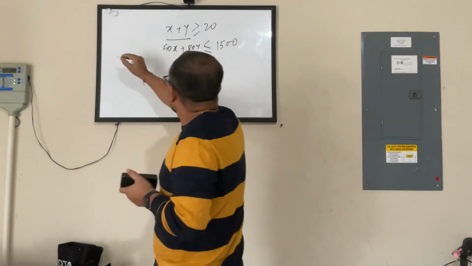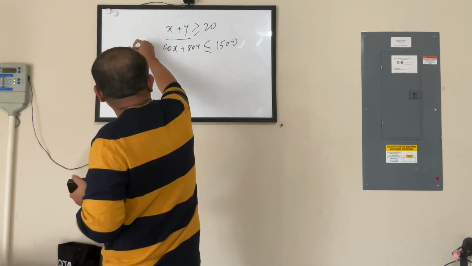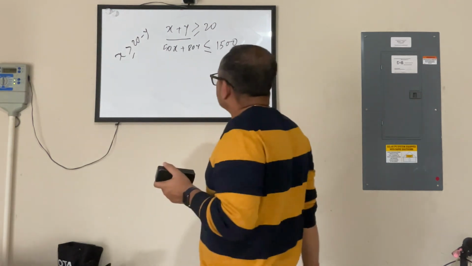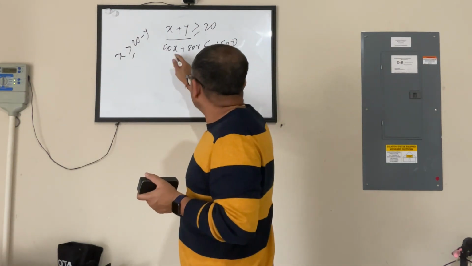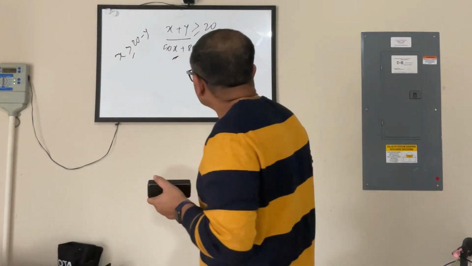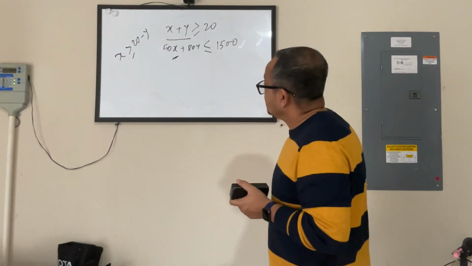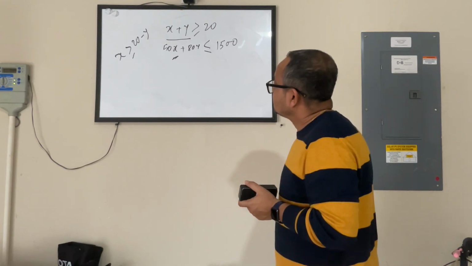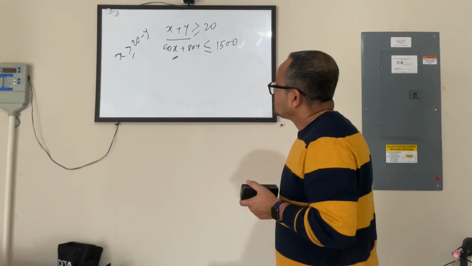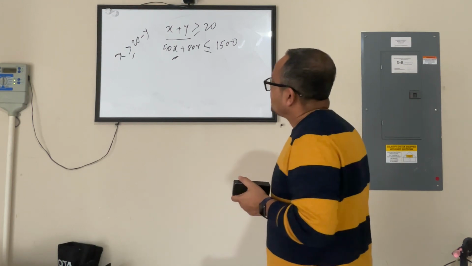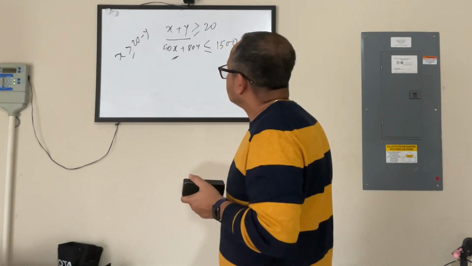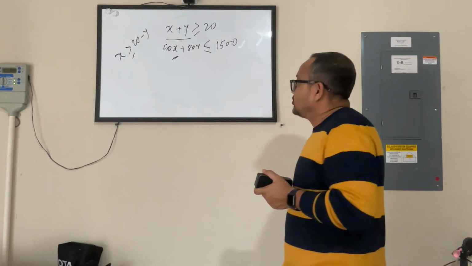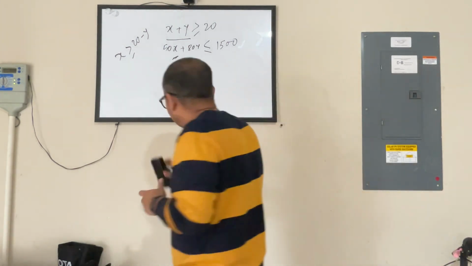Here we are saying x is greater than or equal to 20 minus y. If I am substituting the value of x here, I am looking at the value of x.